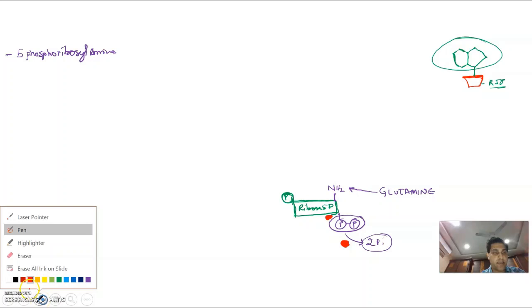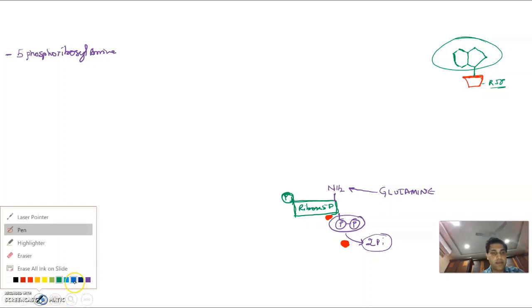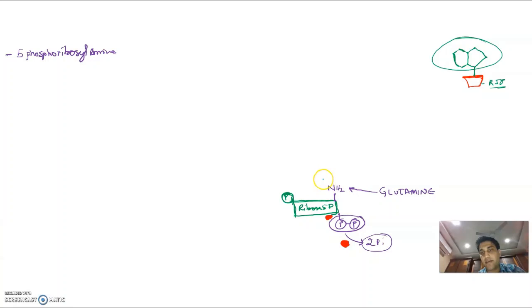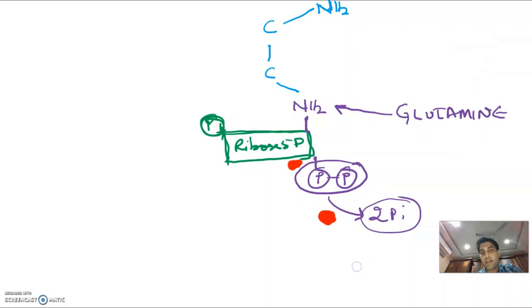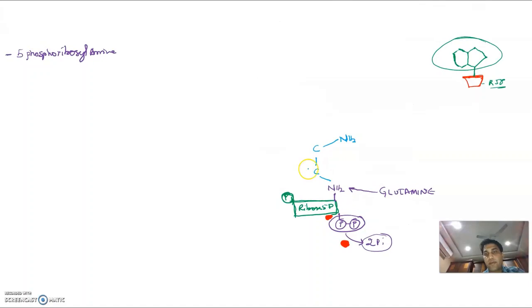In the next step, glycine is added. You remember glycine to be the simplest amino acid, with a carboxylic group and an amino group, and the side chain is hydrogen.